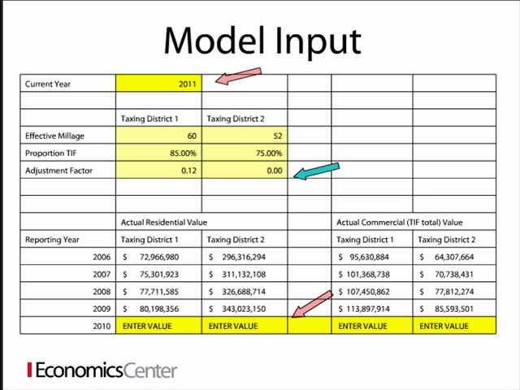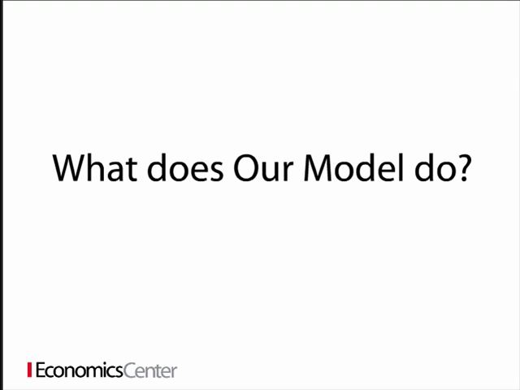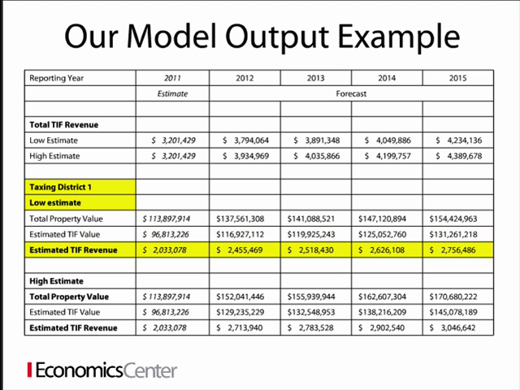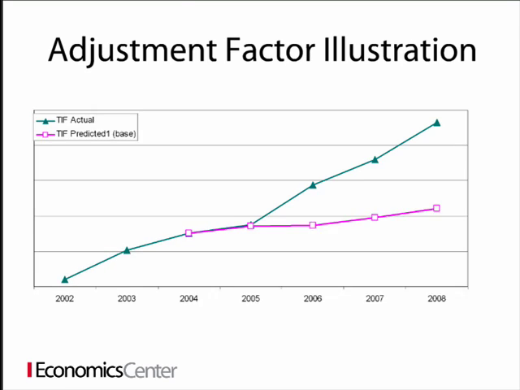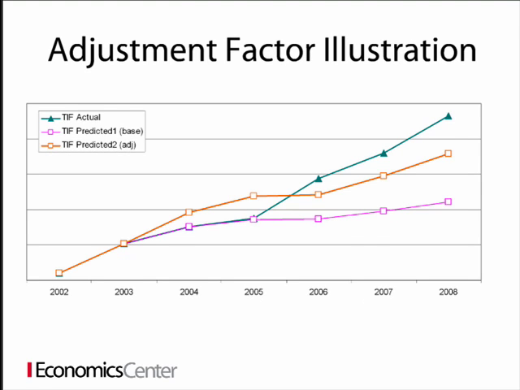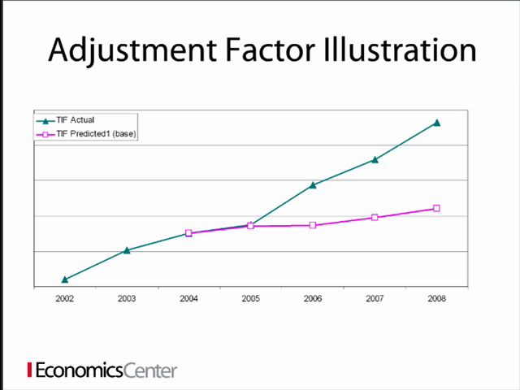You might want to change this adjustment factor if, as in the example that we went through, you start to see that the baseline estimate for the model is consistently producing estimates that strongly deviate from the actual value. On this slide, the predicted revenues based on the historical data underlying the model are the pink line.